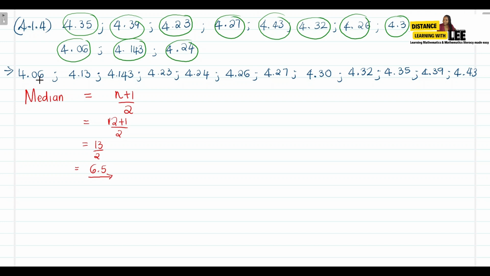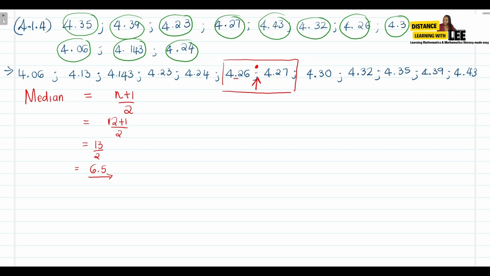So let's count. We've got 1, 2, 3, 4, 5, 6, okay. However, we are told that it's in the 6.5th position. So it's somewhere there, okay? Let's also check 1, 2, 3, 4, 5, 6, right? So the median value is somewhere there. So how do we calculate that in this case? We basically need to take these two values here, add them up, and divide by 2, okay?